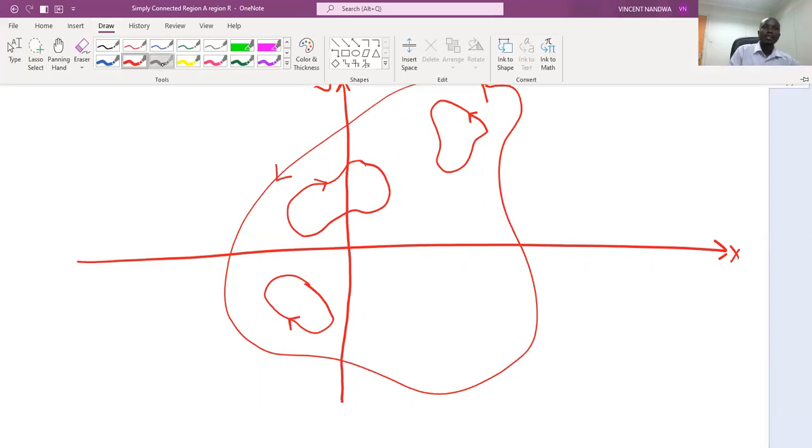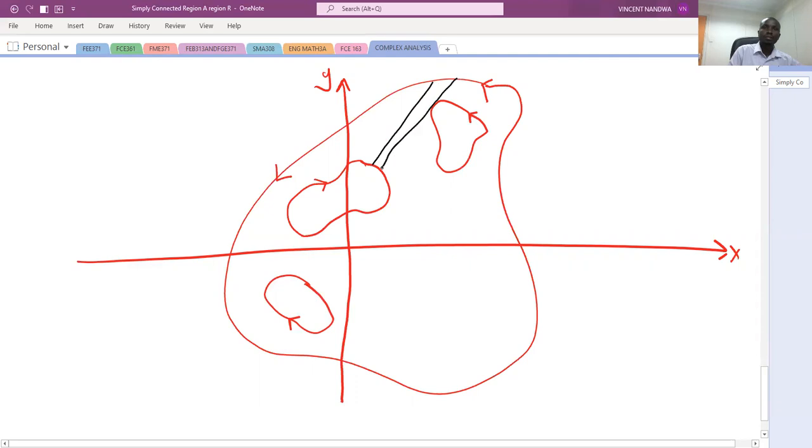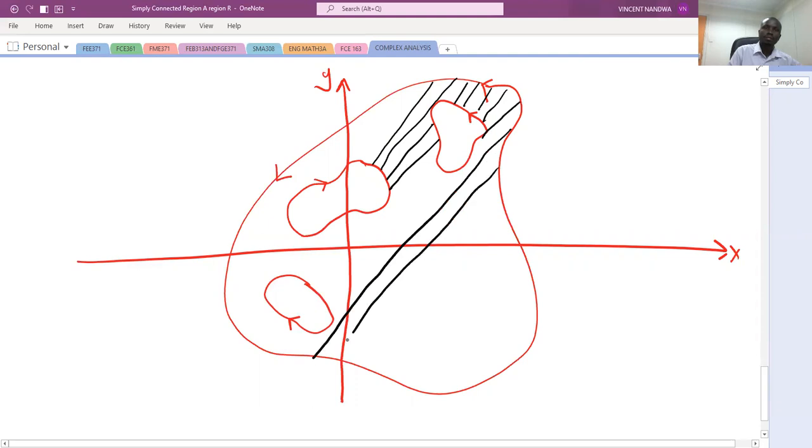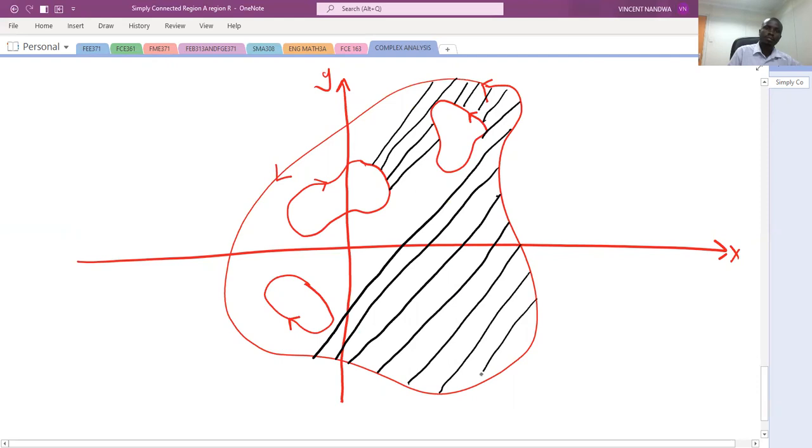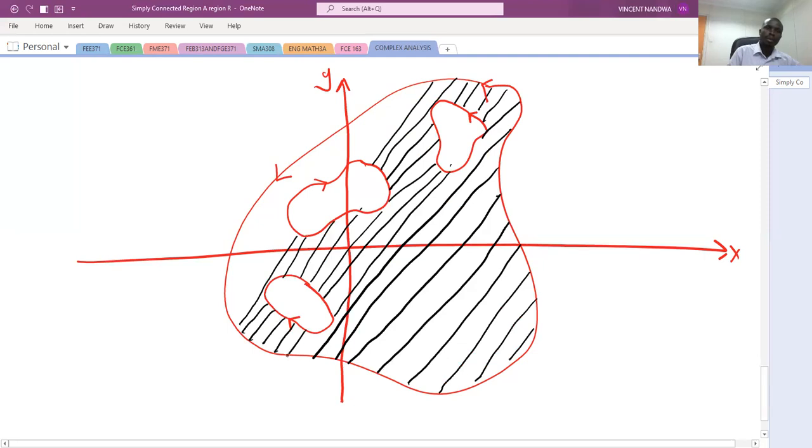And then this region, what I'm shading, is a multi-connected region, because there's a possibility of drawing a simple closed curve within this region.